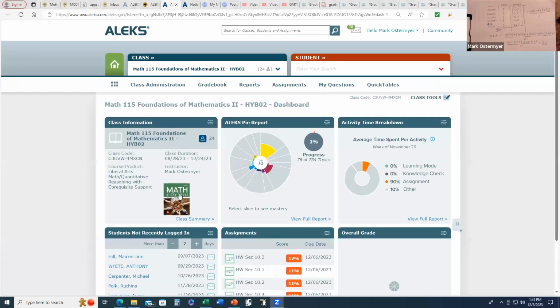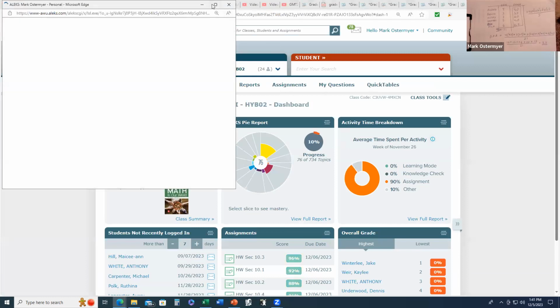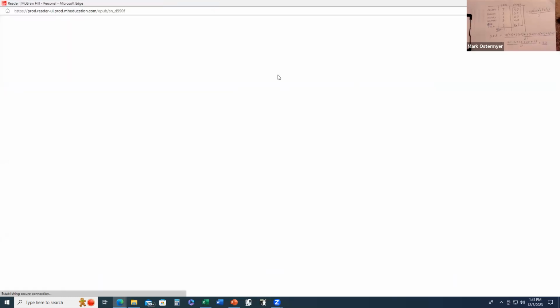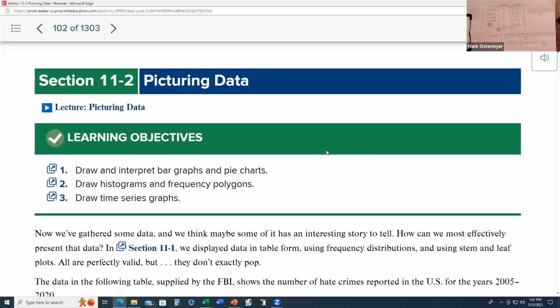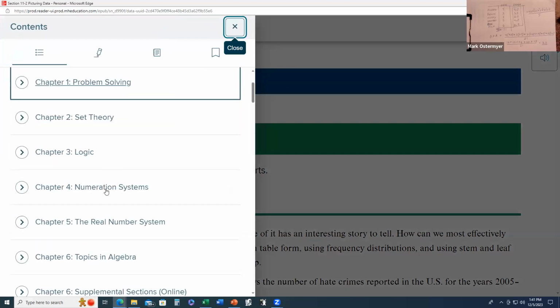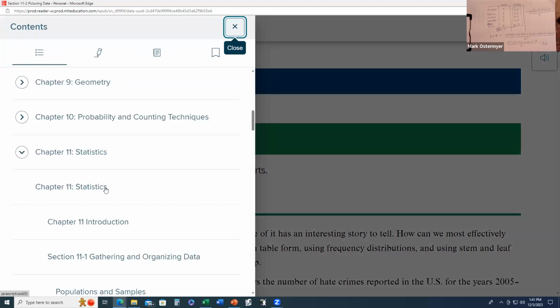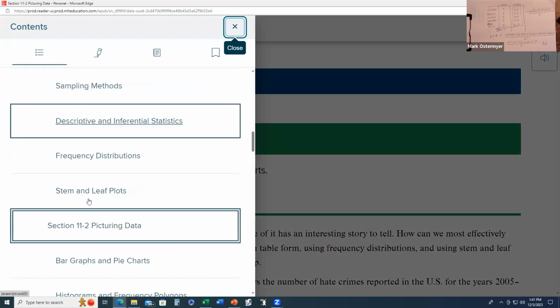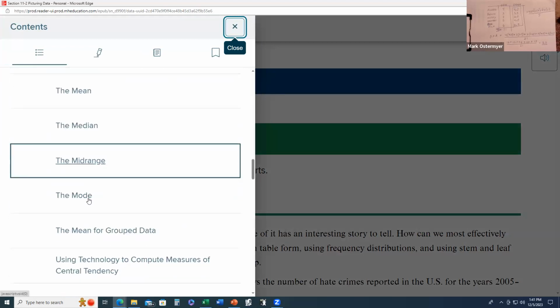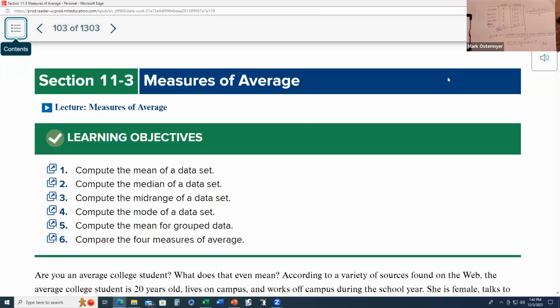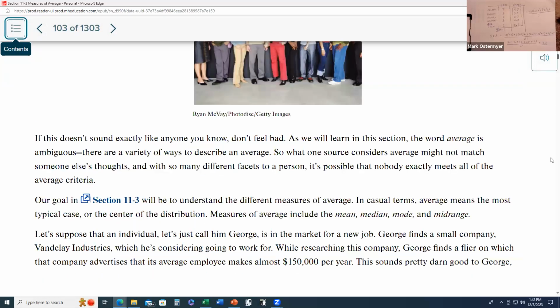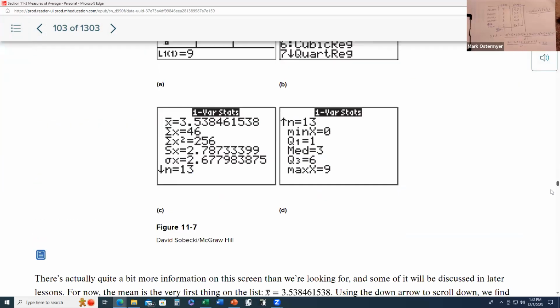These problems will be coming out of section 11.3, if I could ever bring it up here. 11.3, entitled Measures of Average. All right, let's go down and just do a couple problems here.